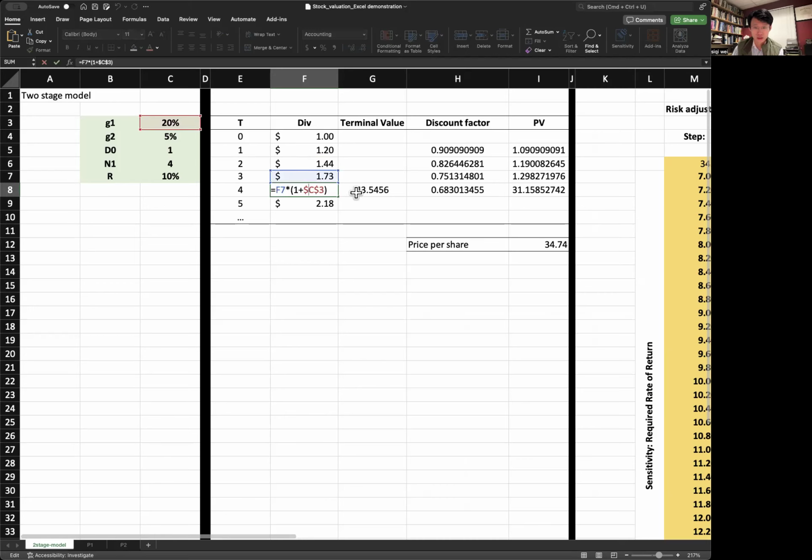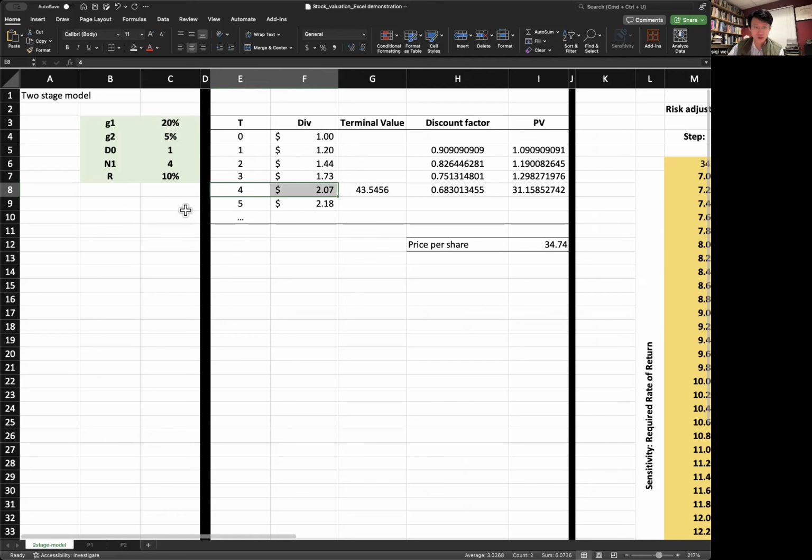So 1 times 1 plus 20% is 1.2, then 1.44 and so on, all the way to the ending point of the first stage. And the ending point of the first stage is right here.